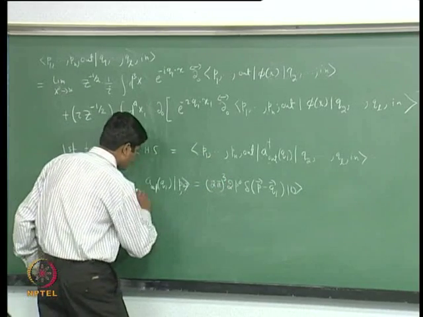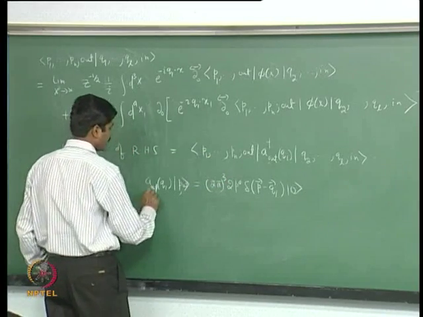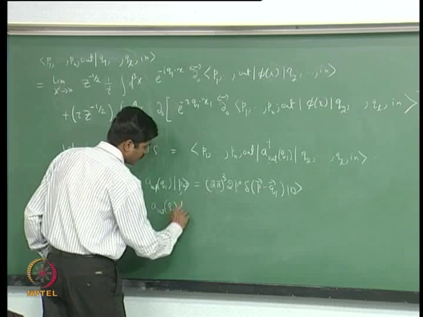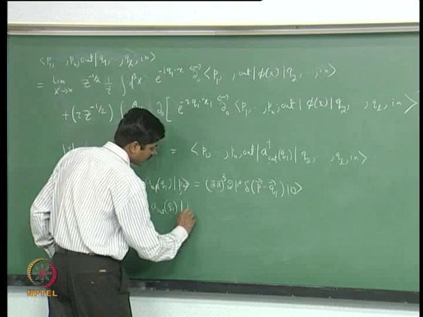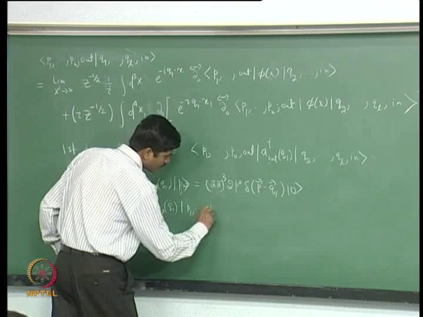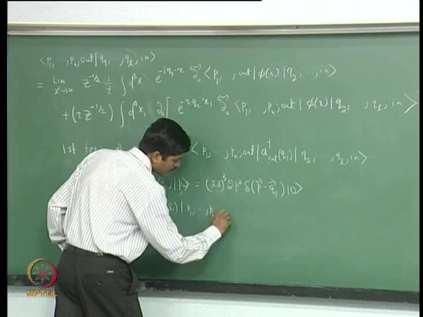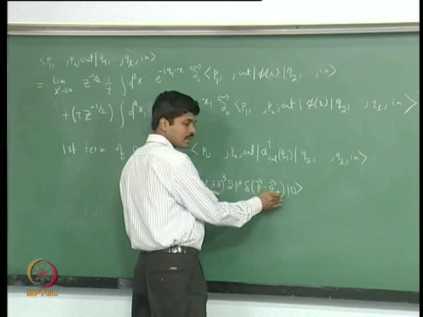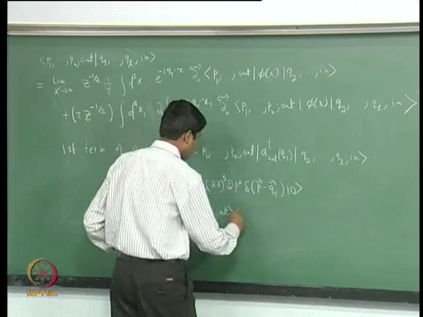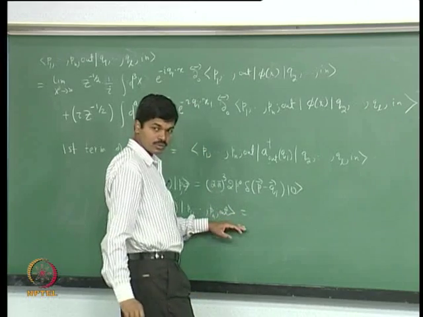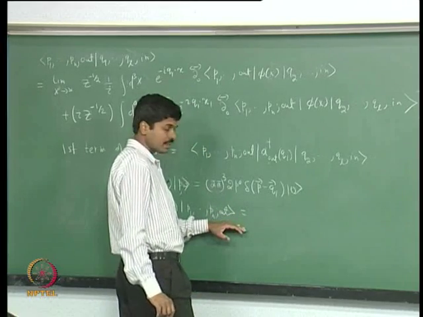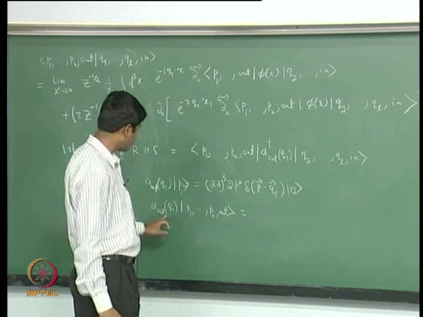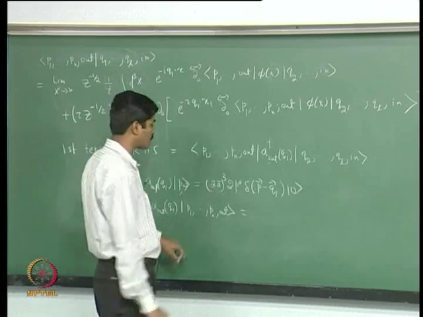So, if we consider an n particle state and act a_out(q1) on such an n particle state, |p1 ... pn; out>, what we will get is this overall normalization factor times an n minus 1 particle state, and since there are n such momenta here, this can act on any of these things. So, you have to sum.